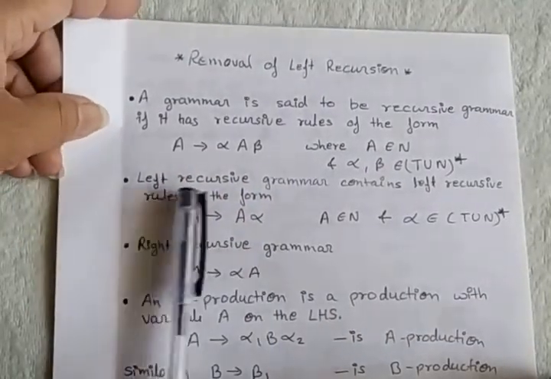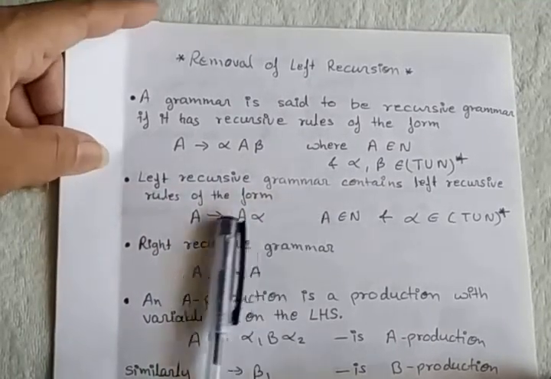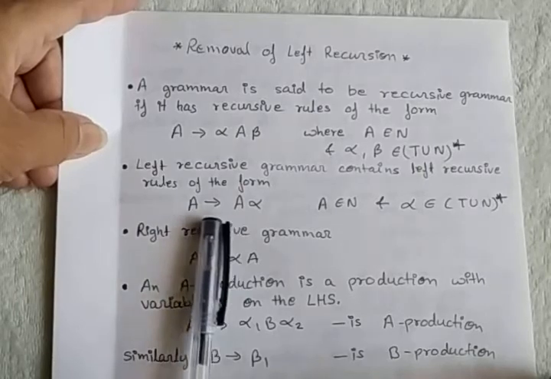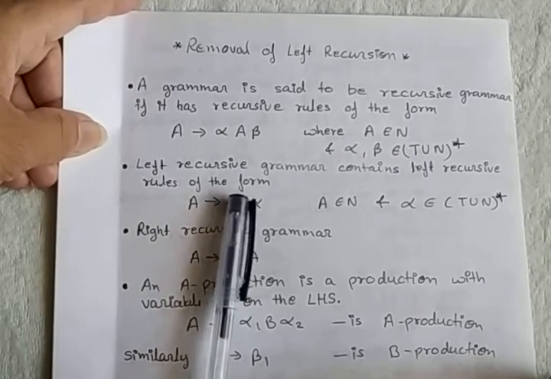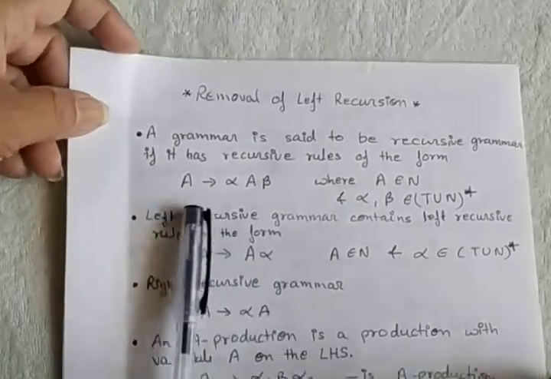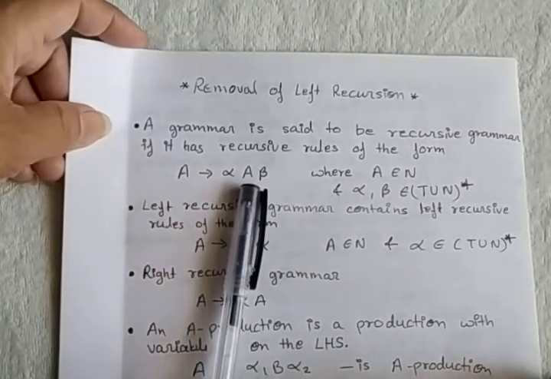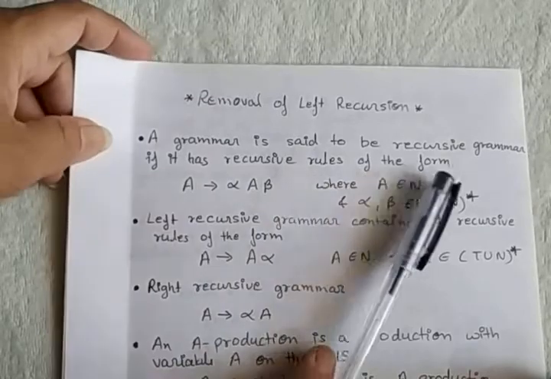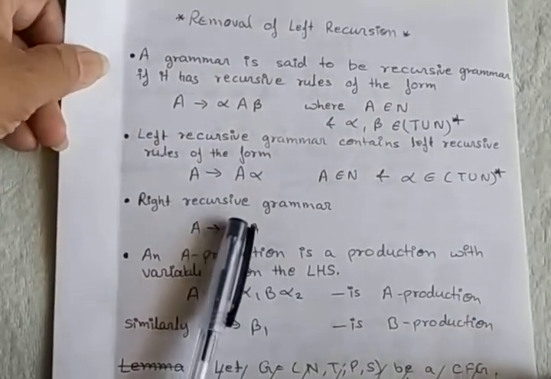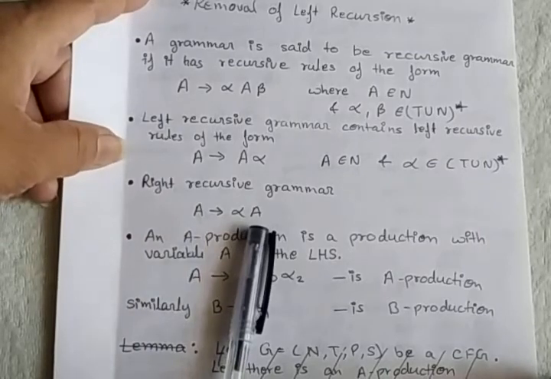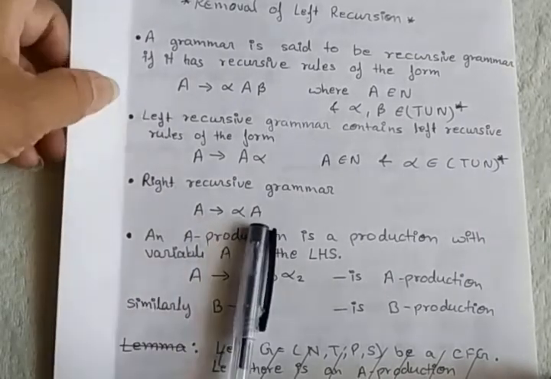Next is the left recursive rule. If a grammar is having a left recursive rule, then we call it a left recursive grammar. Similarly, if a grammar is having a recursive rule, then we call it a recursive grammar. And if a grammar is having a right recursive rule, then it is called a right recursive grammar.